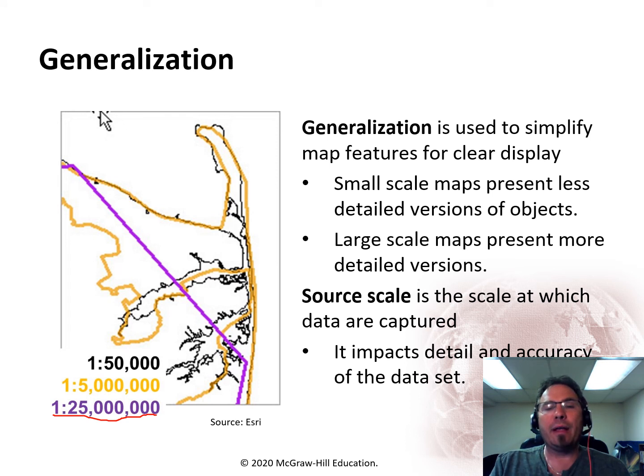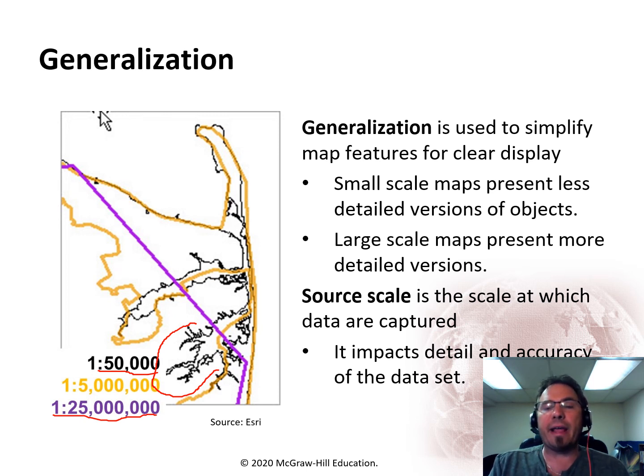However, if you're doing detailed scale work looking at some sort of shoreline erosion factor, you're going to definitely want this 1 to 50,000, which is in the black here, this is where you get all of the very good detail, because you need to understand how the erosion is taking place. You don't want to generalize it because the different types of nooks and crannies could be affecting the rates of erosion, just using that as an example.